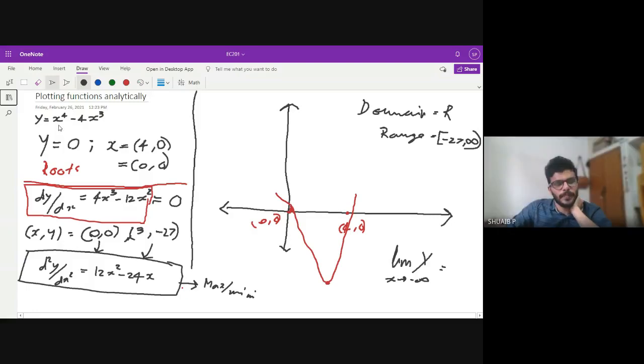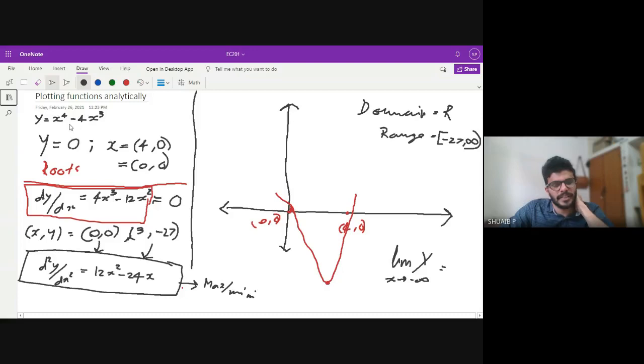Yeah, so both x raised to 4 and x raised to 3, if we consider the positive x-axis, will be increasing when x is increasing, but x raised to 4 will be increasing at a much higher rate than x raised to 3.